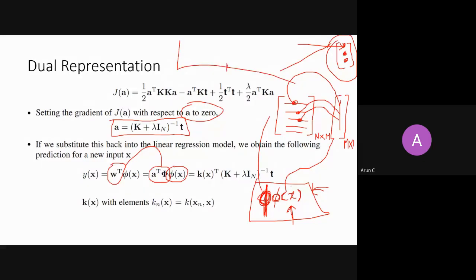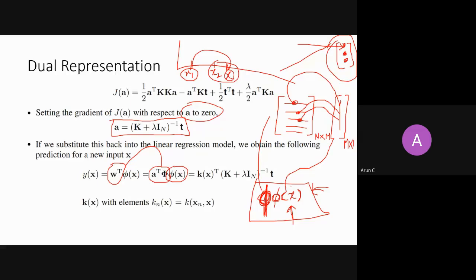For example, you want to predict here. This is your x where you want to predict, and this is your data set. There are two samples in your data set, let's say x1, x2. So if I take a dot product of my x with x1, and then a dot product of x with x2, intuitively, x2 is more similar, right? It will give me a higher number, and it says that the similarity is high. When you take a dot product of x with x1, I will get relatively less similarity.